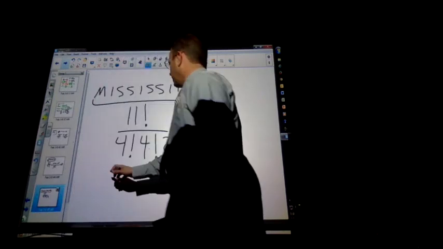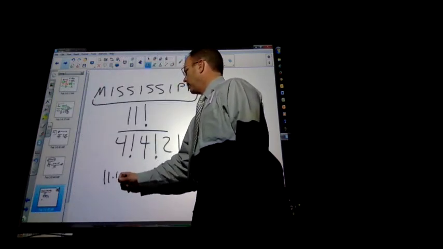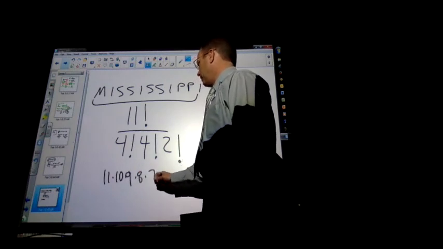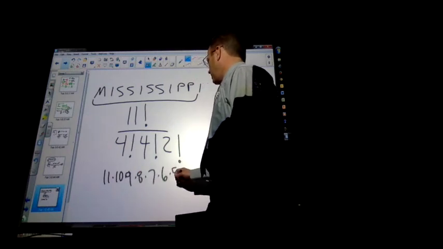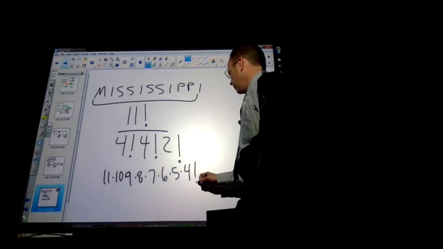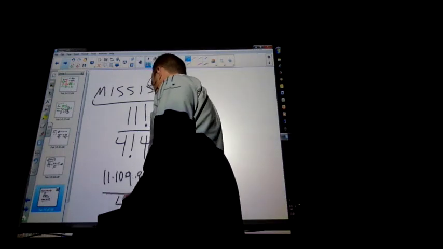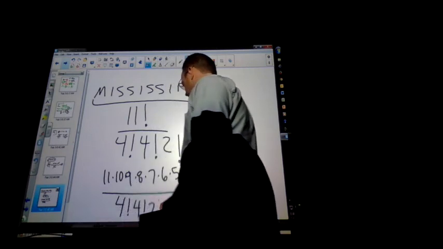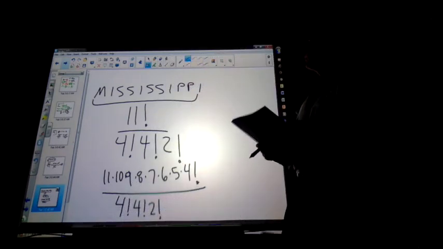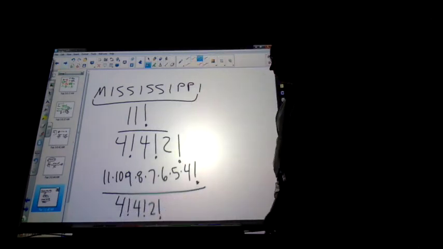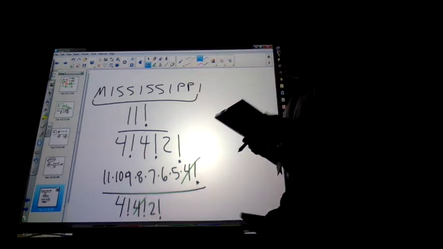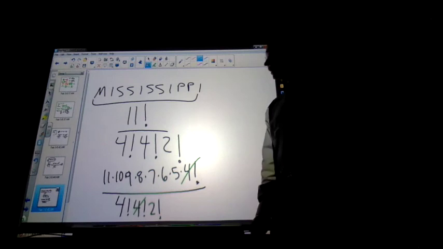Let's see if we can figure this out. So I have 11 times 10 times 9 times 8 times 7, 6, 5, 4 factorial. What's going to cancel out for now? That cancels one of those. So let's break it up.